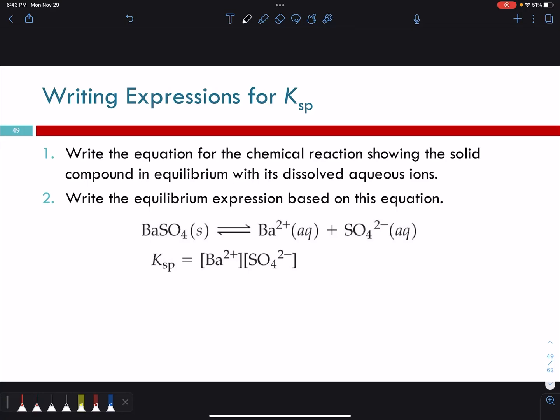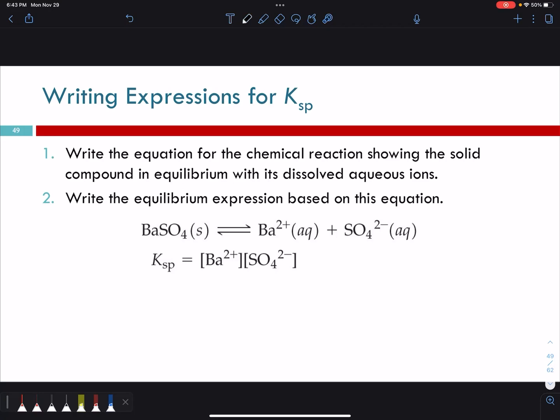So if we write the equation for our chemical reaction involving the solid compound in equilibrium with its dissolved aqueous ions, in this case we have barium sulfate dissolving into barium ions and sulfate ions. Our Ksp here, or solubility product, is just the concentrations of the ions multiplied together.